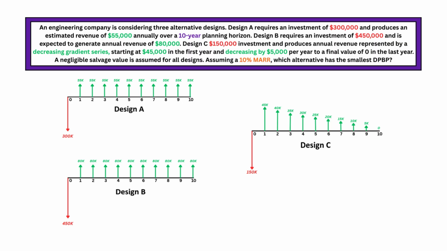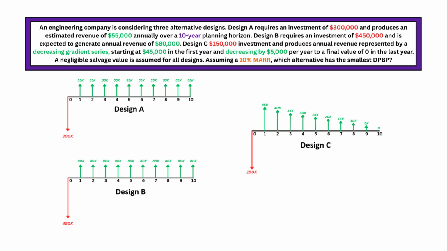The third alternative, Design C, requires an initial investment of $150,000 and produces annual revenue represented by a decreasing gradient series, starting at $45,000 in the first year and decreasing by $5,000 per year to a final value of 0 in the last year.